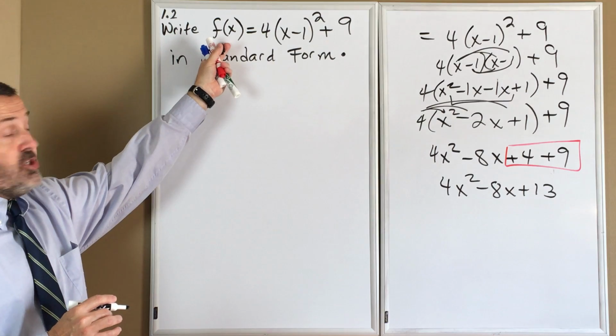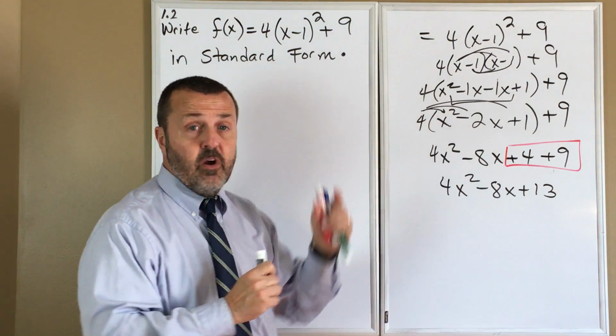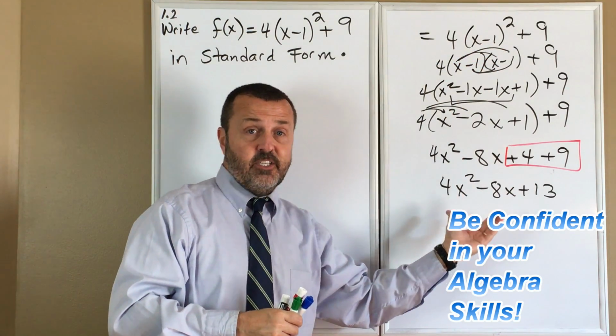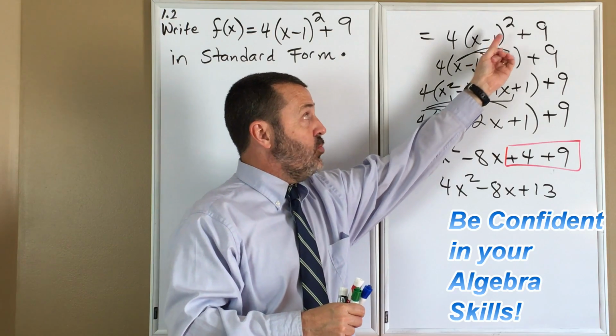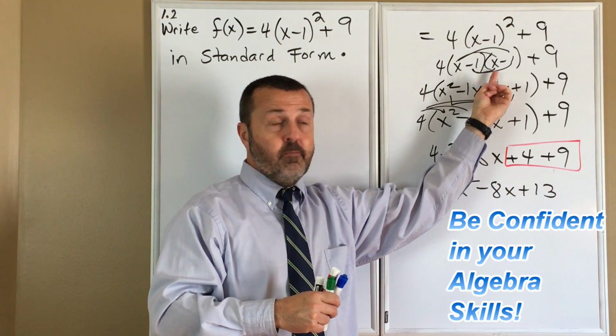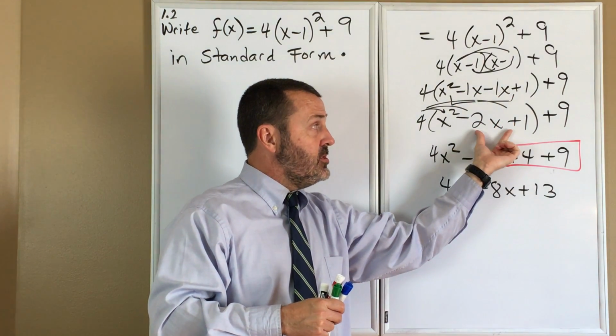We took a function that is in vertex form. We took it over here and we did some transformation using our algebra skill sets. We realized that x minus 1 squared is x minus 1 times x minus 1. We used the FOIL. We combined the middle 2 terms.